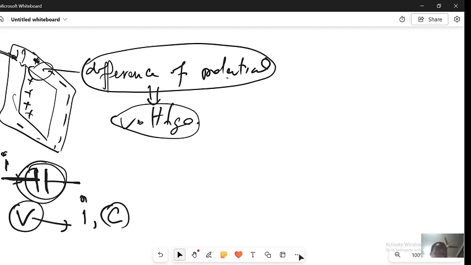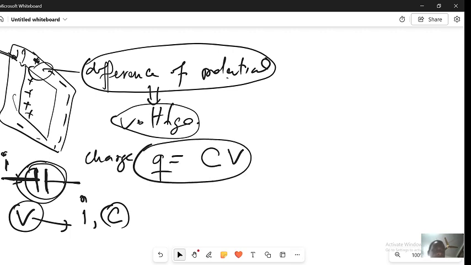Since current is entering the capacitor, it will have a charge Q. This charge Q is equal to C multiplied by V. Meaning the charge entering this capacitor is equal to the capacitance multiplied by the voltage.